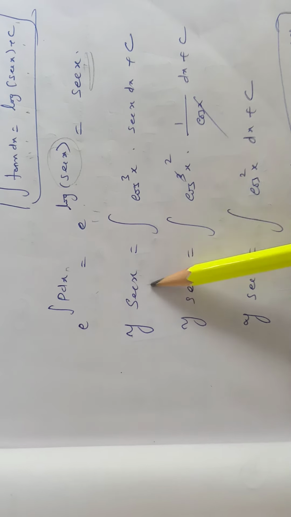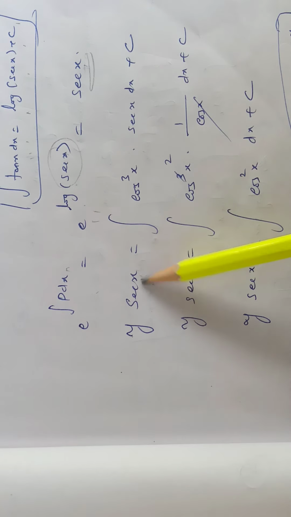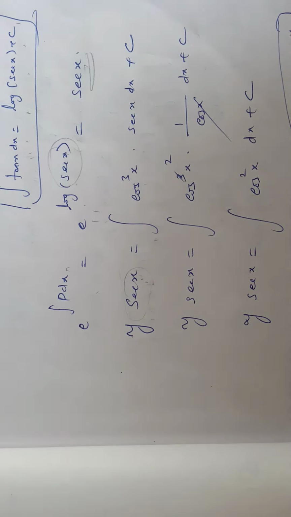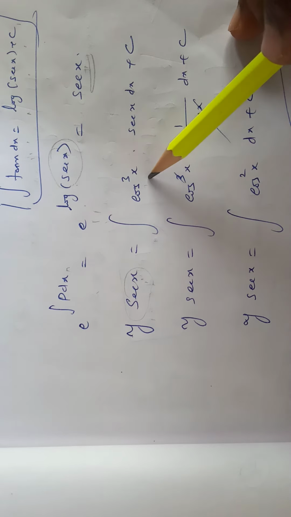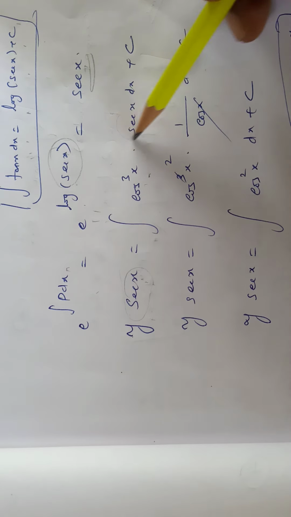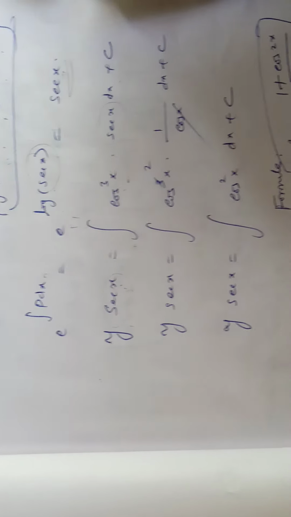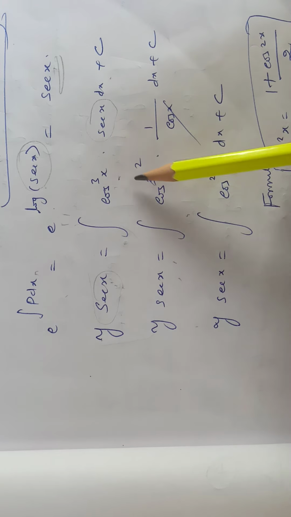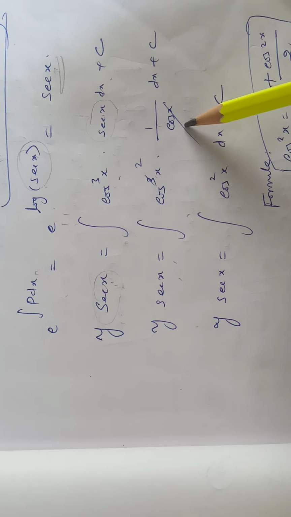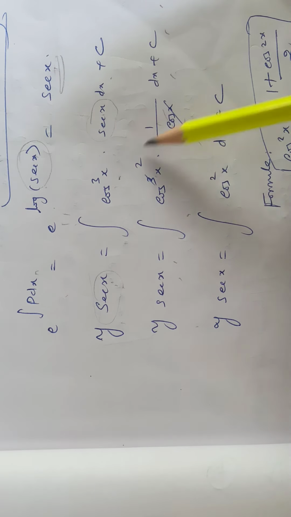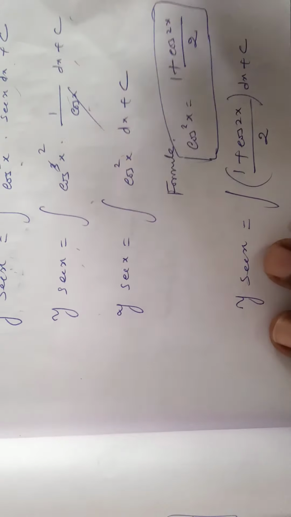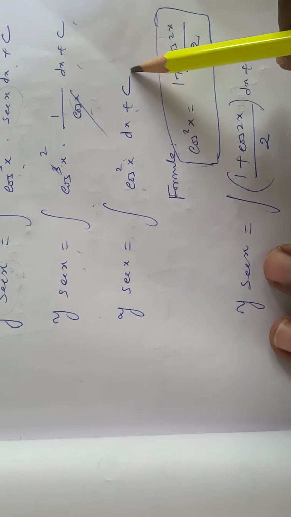So straight away applying the formula, y e^(∫P dx) is y sec x = ∫ cos³x · sec x dx + c. Converting sec x as 1/cos x, one cos cancels, so y sec x = ∫cos²x dx + c.